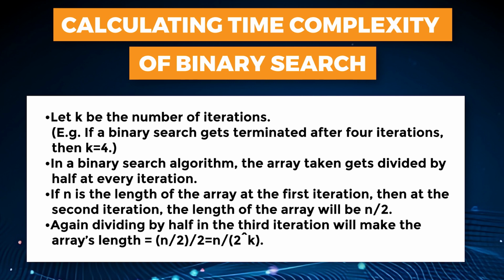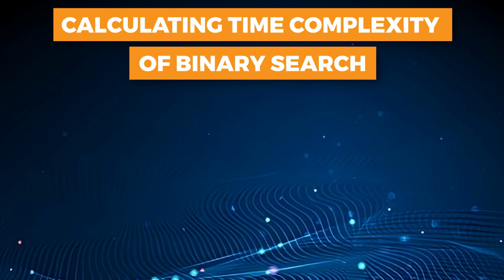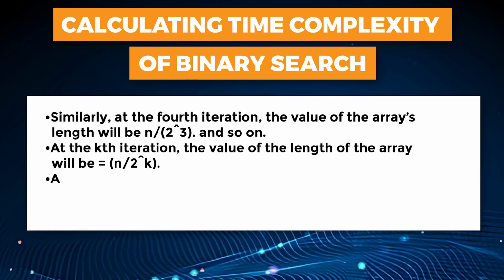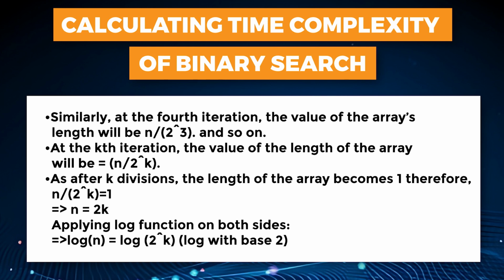So we can directly write one expression, n by 2 to the power k. In this form, we can generate any value. Similarly, at the fourth iteration, the length of the array will be n by 2 to the power 3, or in general 2 to the power k, and so on.